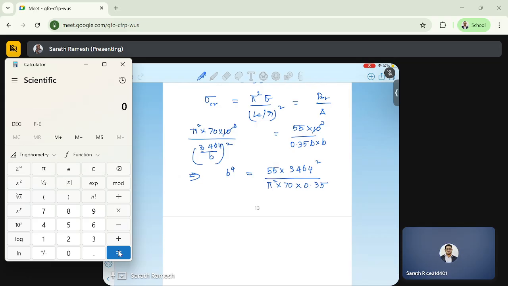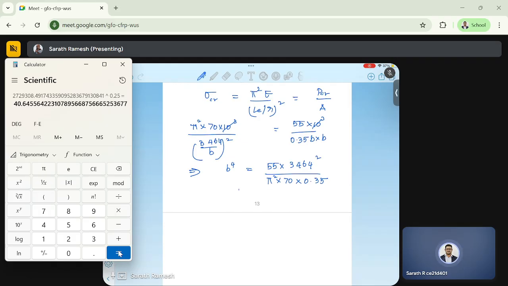So 55 into 3464 square divided by 70 into 0.35 into pi into pi, whole power 0.25.